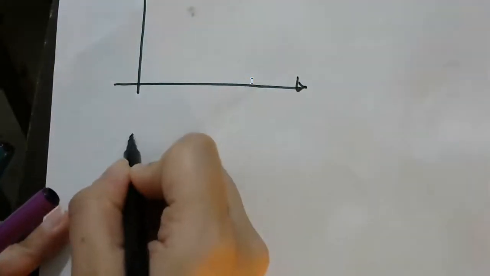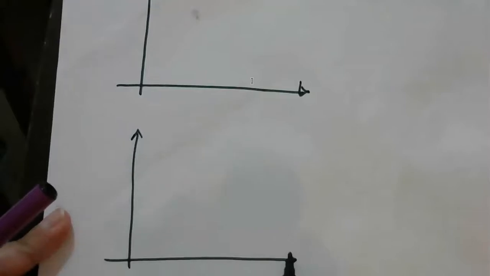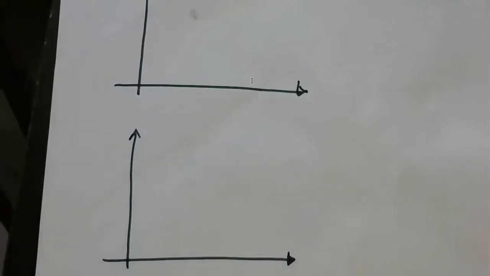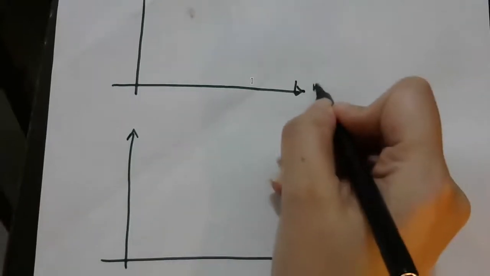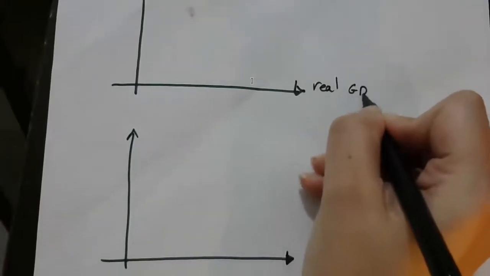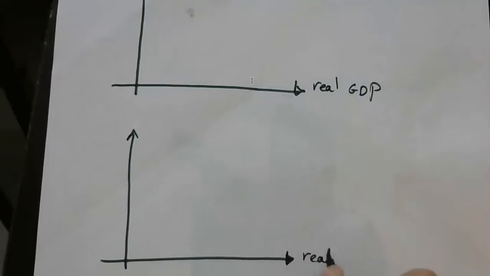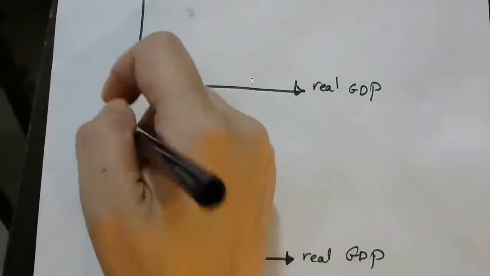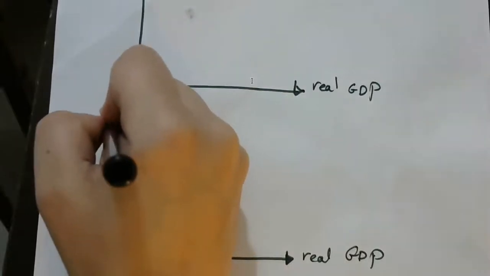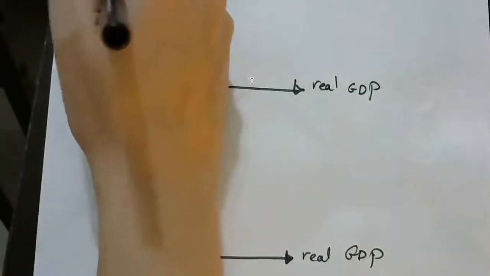Okay, so I start from here. I show that both of them have real GDP on the horizontal axis. Here is price, and here is, for example, aggregate expenditure.